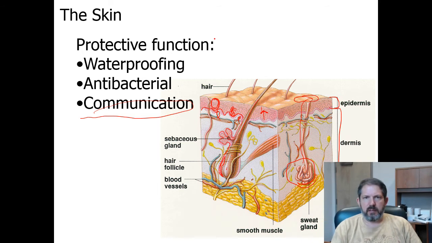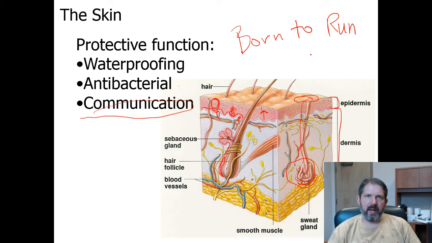And there's an interesting book called Born to Run that looks at some of the anatomy of the human in terms of did we evolve as long distance runners. And one of the things they talk about is the number of sweat glands, that we're able to jog long distances without overheating because we can sweat effectively.